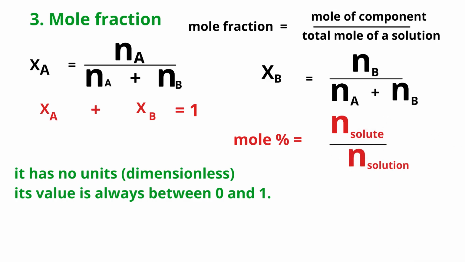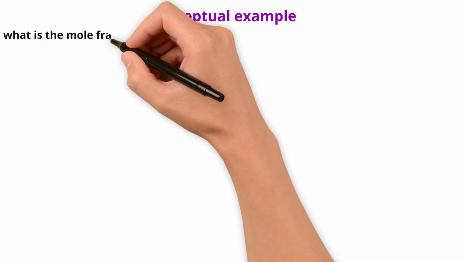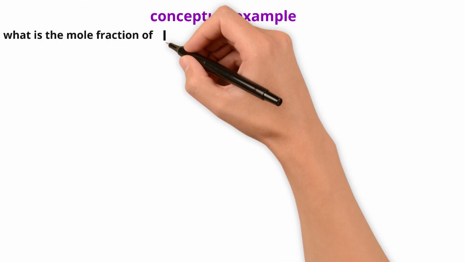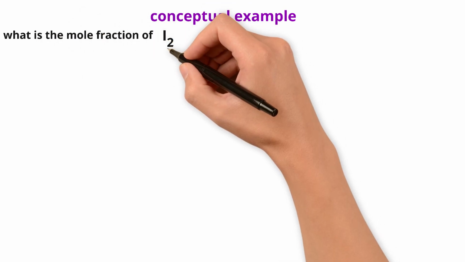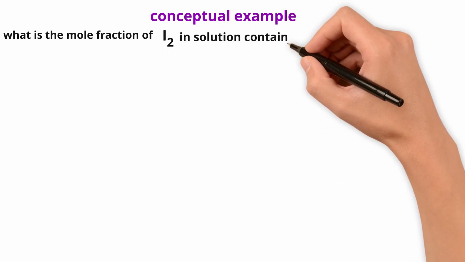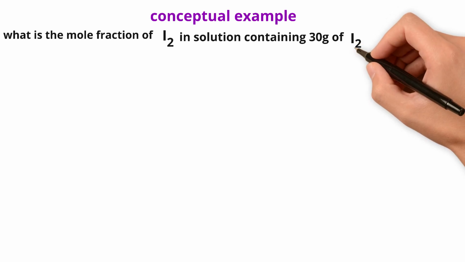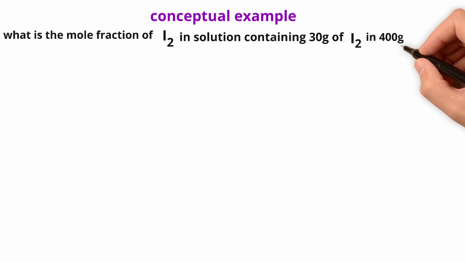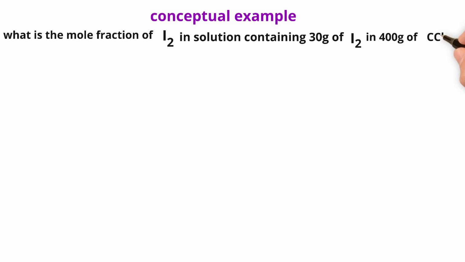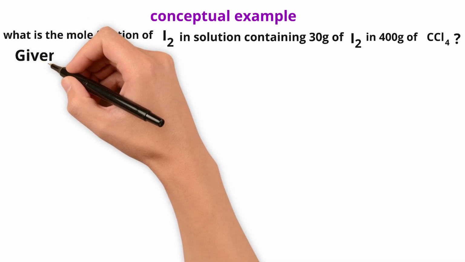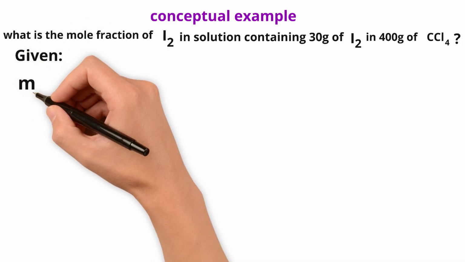Conceptual example. What is the mole fraction of iodine molecule in a solution containing 30 grams of iodine molecule in 400 grams of carbon tetrachloride? Now let us consider the given quantity. Mass of iodine molecule is given, which is equal to 30 grams.